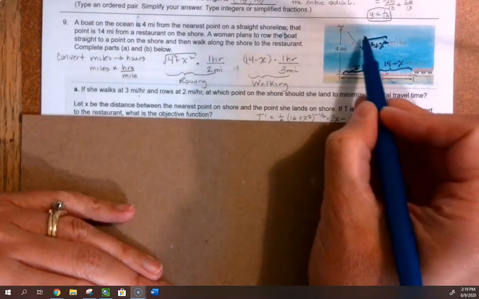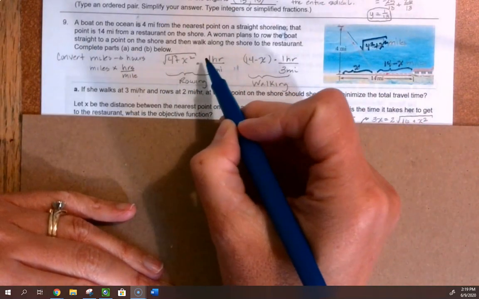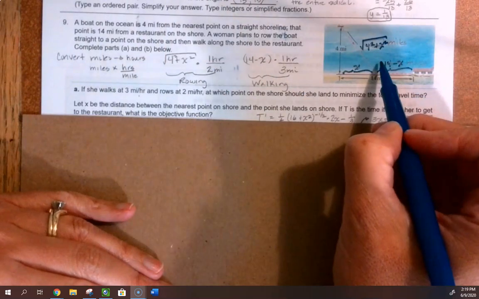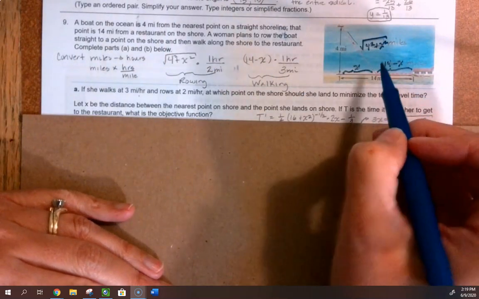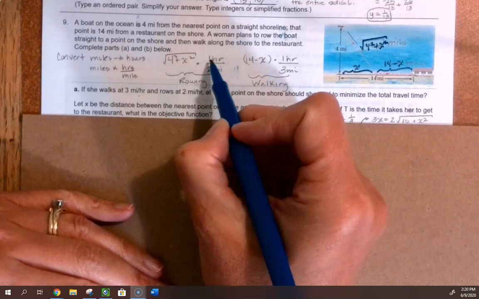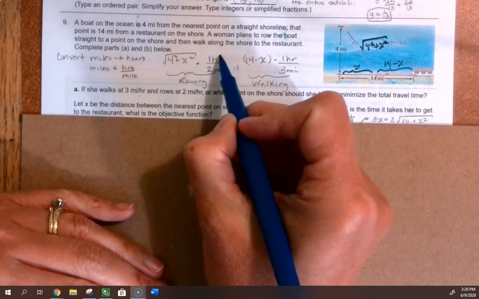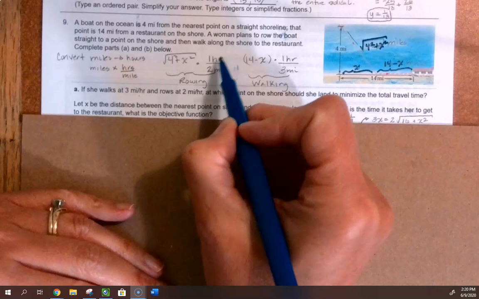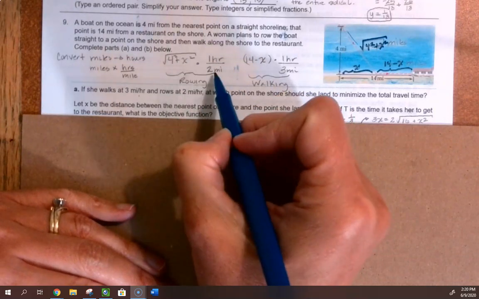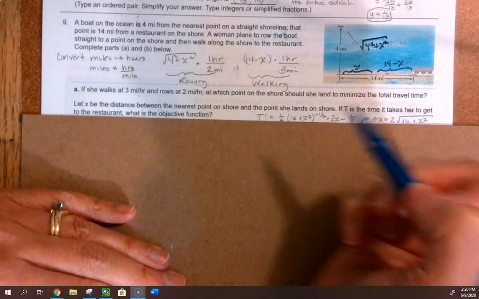So this distance, the square root of 4 squared plus x squared, is the distance that she is traveling in the boat. We're going to multiply that by 1 hour over 2 miles, and that will give us the appropriate units.